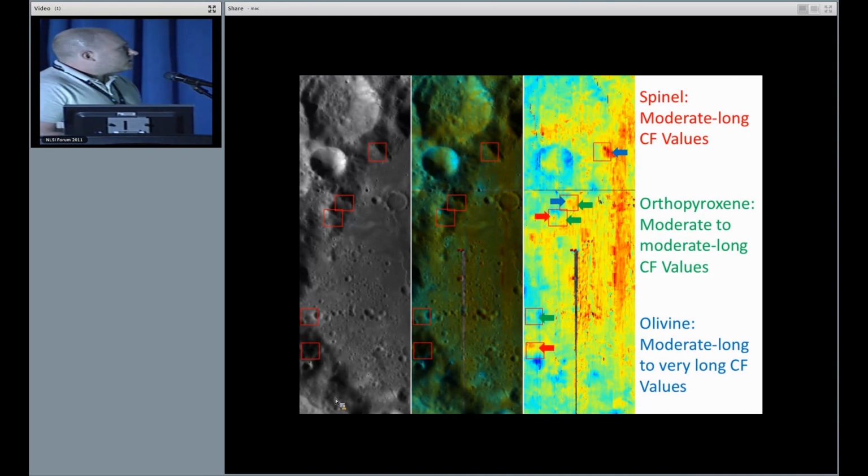However, this upper region is quite spectacular. This has CF values that are right in the range of pure forsterite in our laboratory measurements. And assuming that this isn't full 100% olivine on the surface of the Moon, there's probably less than 10% feldspathic component. And this actually marks the most pure olivine, the least mixed with feldspathic material, that we've seen in the Diviner data.